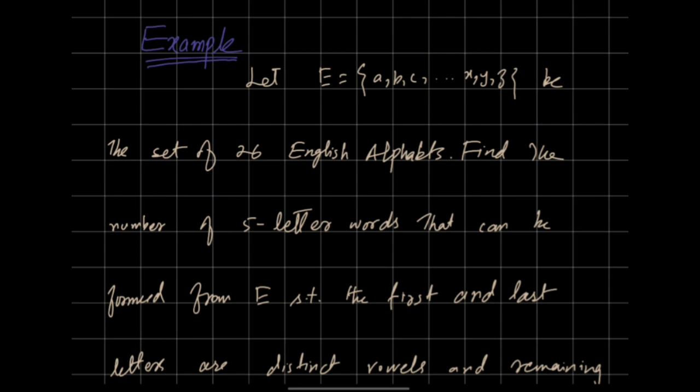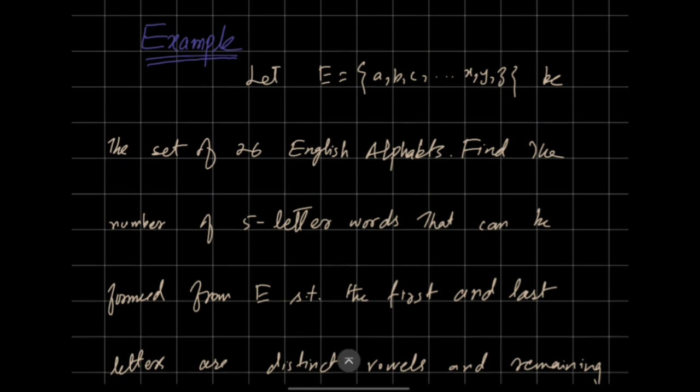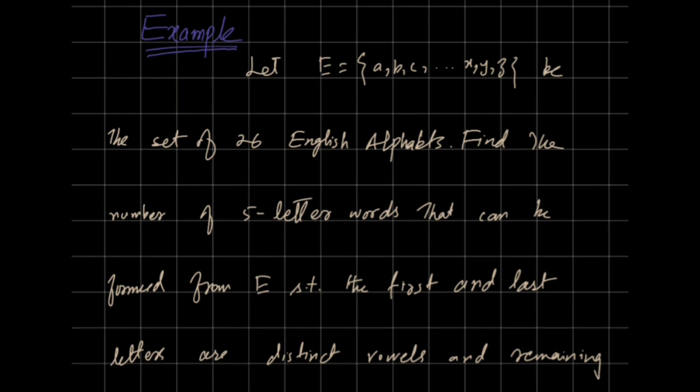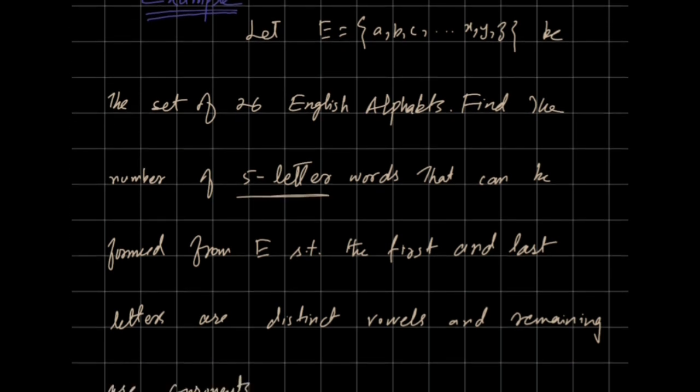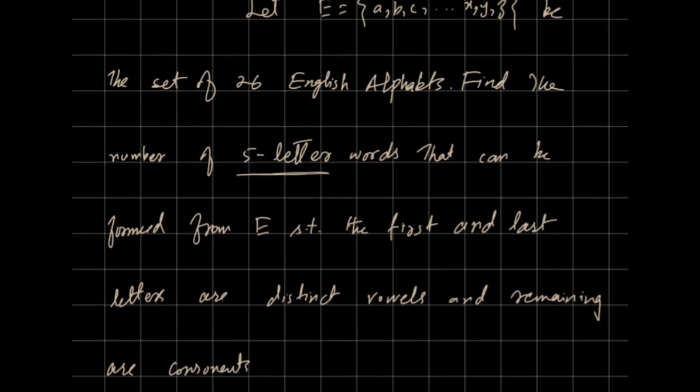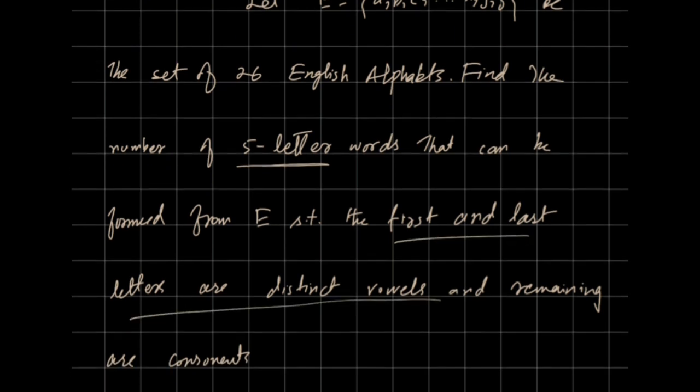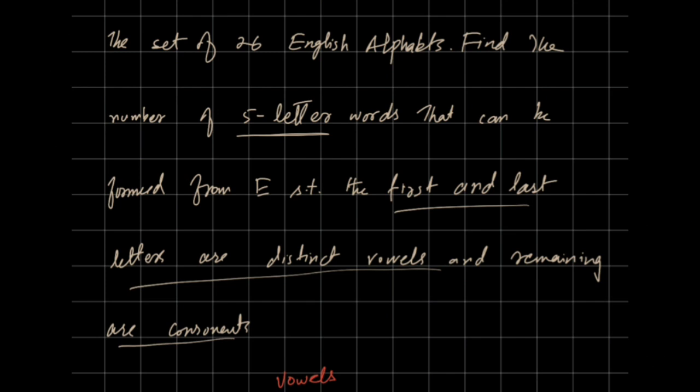We have a set E of alphabets. We know that alphabets are 26 in total. So find the number of 5-letter words that can be formed from set E such that the first and last letters are distinct vowels and the remaining are consonants.